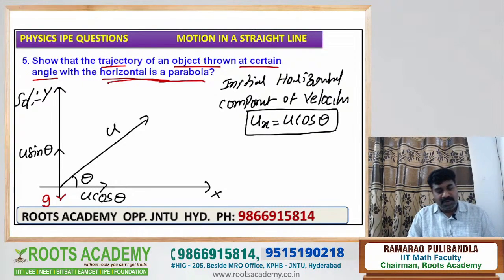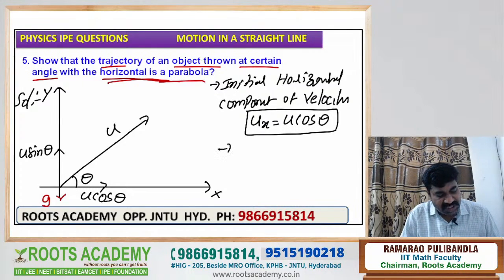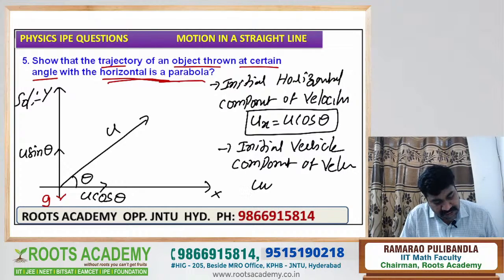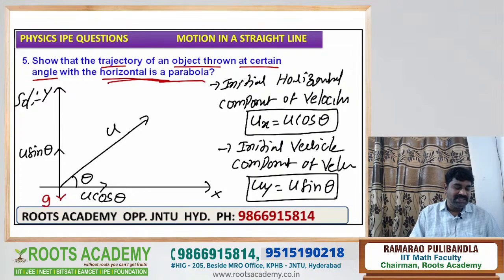The initial vertical component of velocity, uy, is u sin theta.